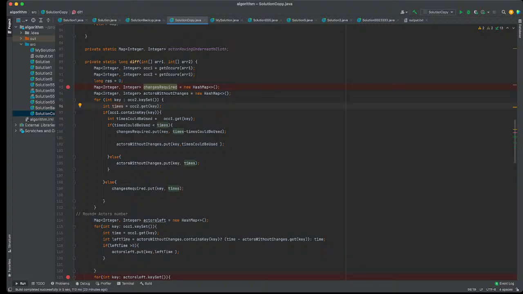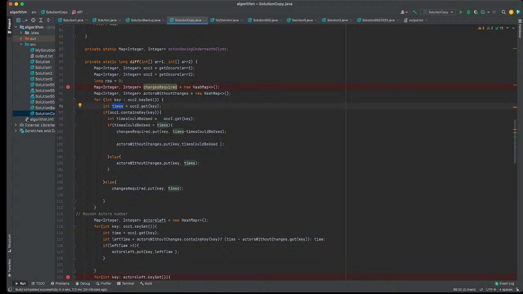Some clothes can be inherited or reused from the previous stage. If this clothes was already seen in the previous stage, and the occurrence in the previous stage is more than or equal to this required times, then it can be directly inherited from the previous stage.